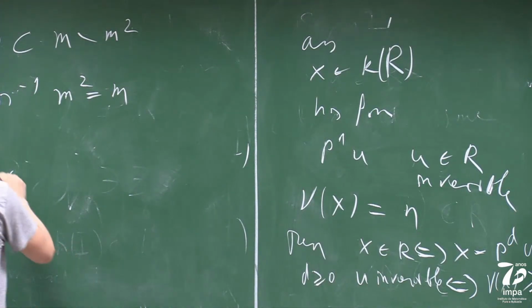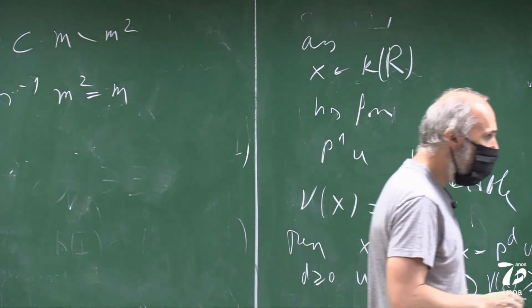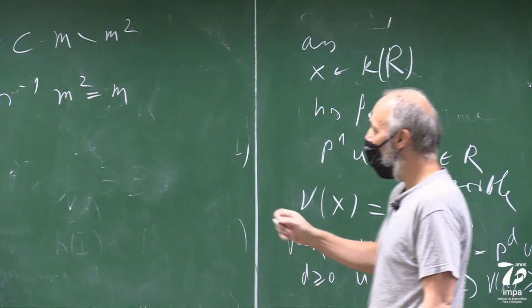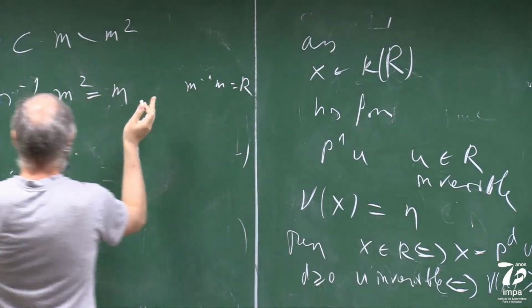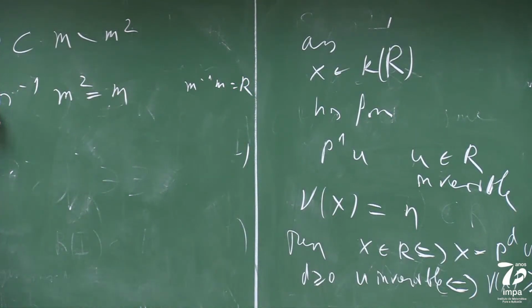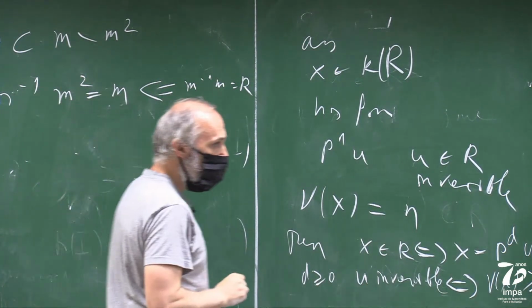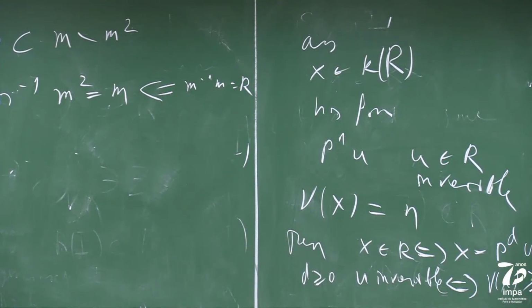And this means that p, why? m^(-1) times m squared is equal to m, because m^(-1) m is equal to R, and you use associativity of multiplication of fractional ideals.